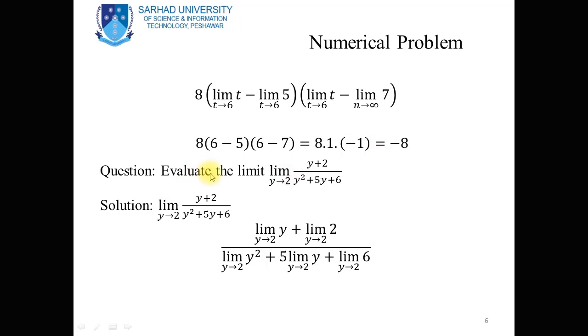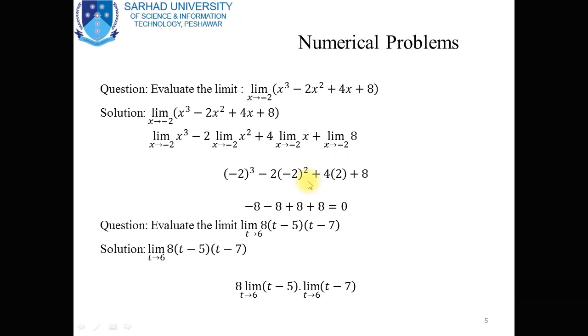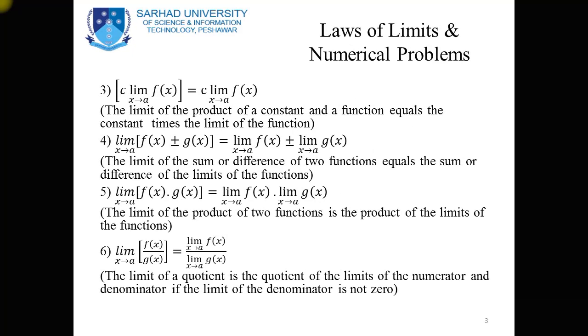Now another problem for the limit, to evaluate the limit y tends to 2 of y plus 2 divided by y square plus 5y plus 6. Now this is the previous law for the quotient when two functions are in divide form. You see over here in this slide, this is law number 6.